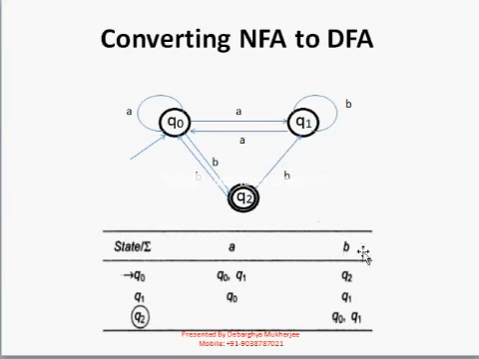Also for Q2, if we apply B, then it is going to Q0 as well as Q1. So we are going to make this NFA into a DFA, where every input over a state will give us a unique state.